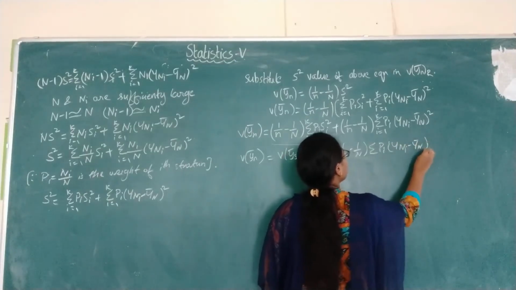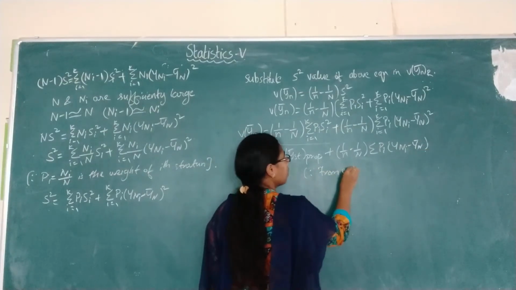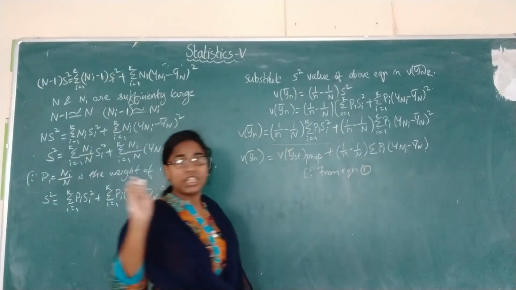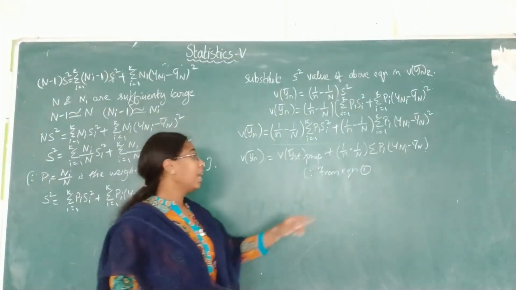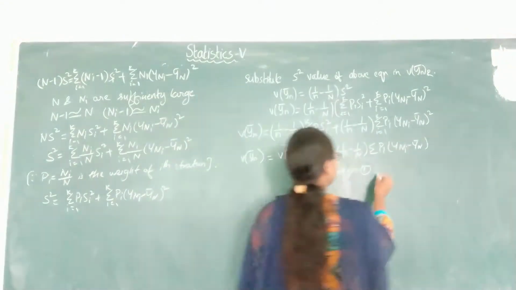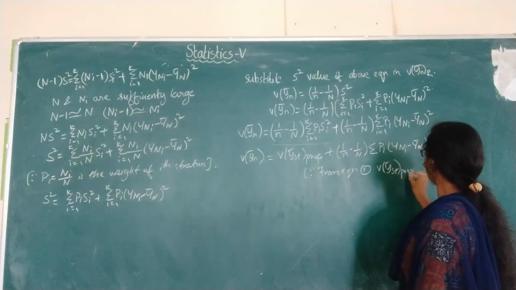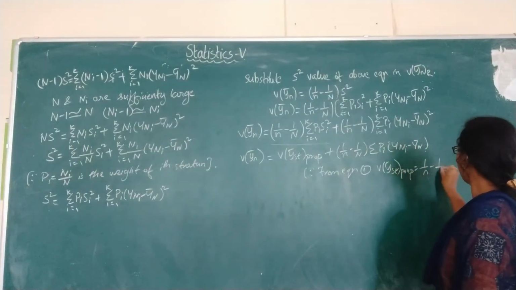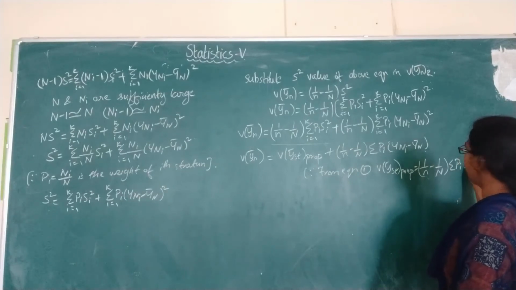How did we get this term? From equation 1, variance of y bar st under proportional allocation equals 1 by n minus 1 by capital N into summation pi si square.